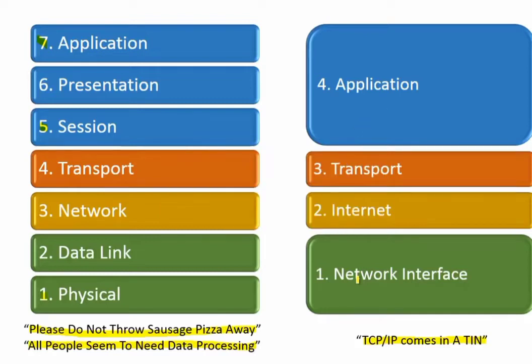Now I've color coded the top three layers in blue, and the reason I have done that is because as a network engineer, and especially as a Cisco network engineer, there's very little that we need to deal with at layers 5, 6 and 7. That is because most of the Cisco devices will not look beyond layer 4. So layers 1, 2, 3 and 4 are very critical for a Cisco engineer, but 5, 6 and 7 are not so critical.